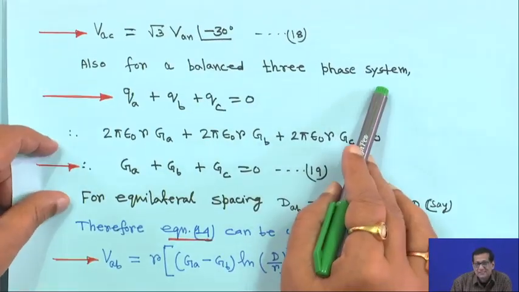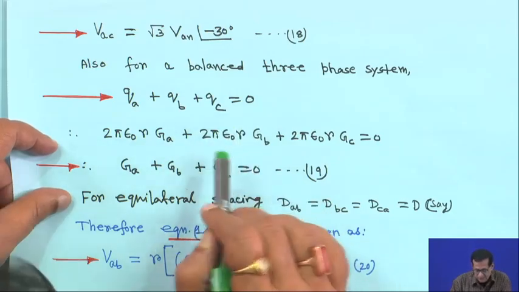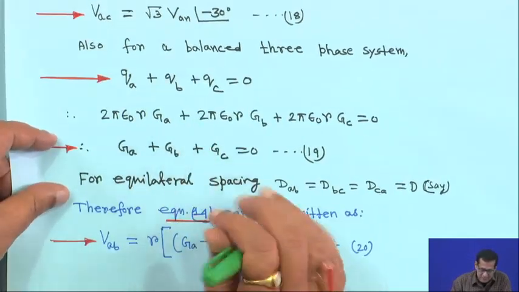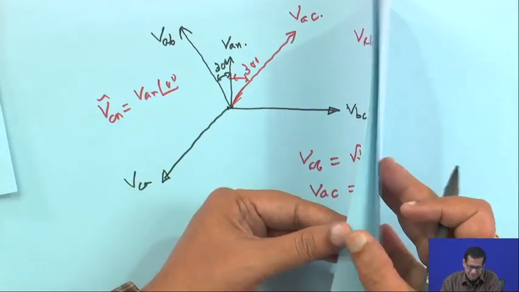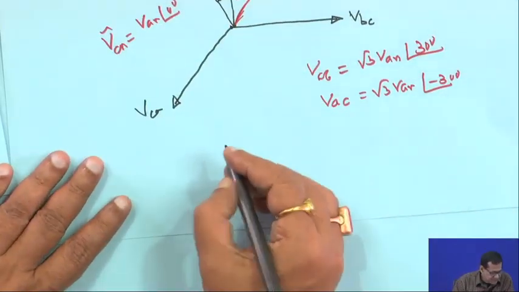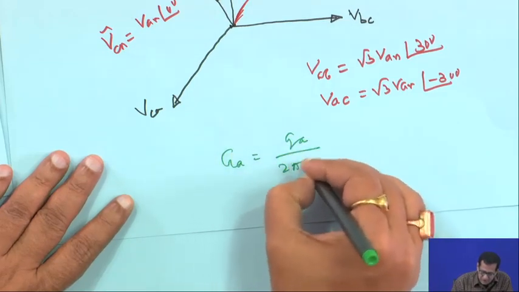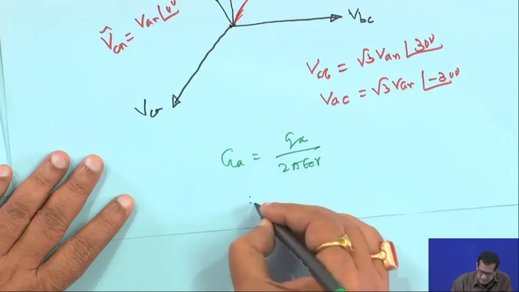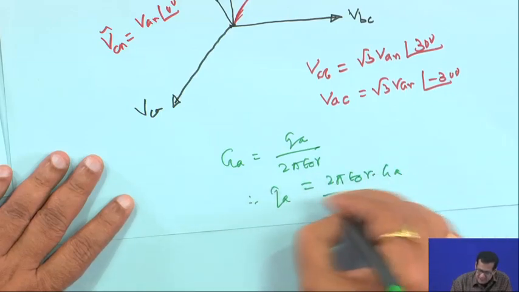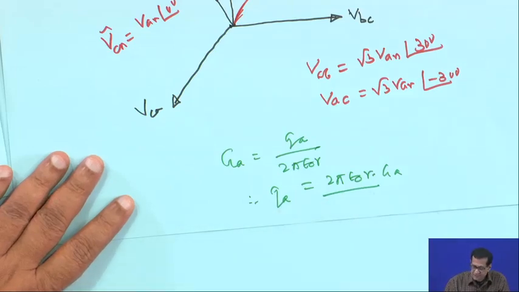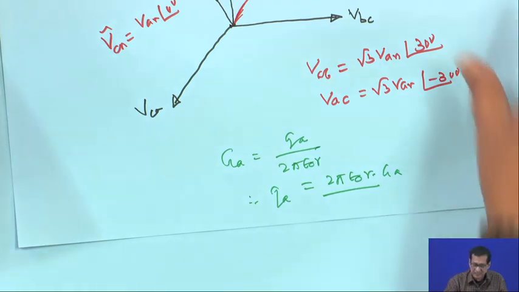Also, for a balanced 3 phase system, QA plus QB plus QC is equal to 0, this is known to you, right. We know GA is equal to QA upon 2 pi epsilon 0 R, that means QA is equal to 2 pi epsilon 0 R into GA. Similarly, QB is 2 pi epsilon 0 R into GB, and QC will be 2 pi epsilon 0 R into GC, right.